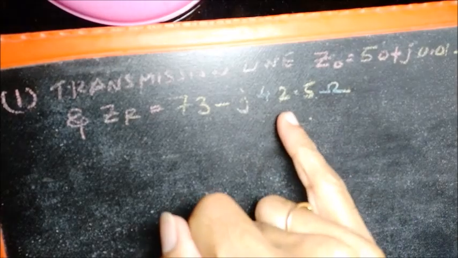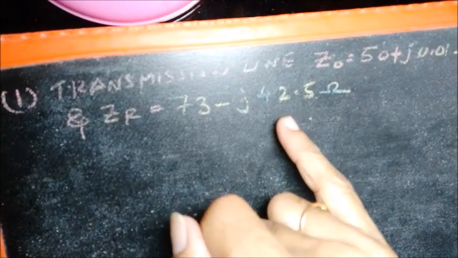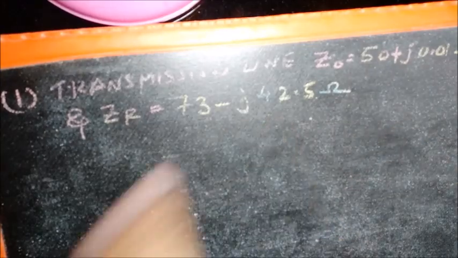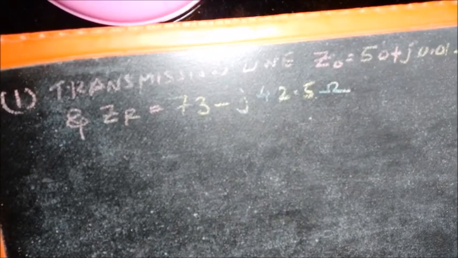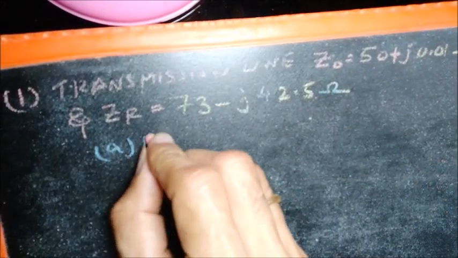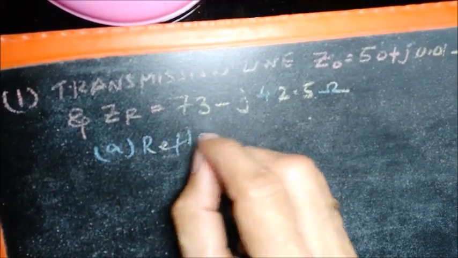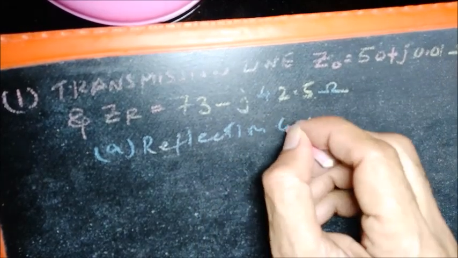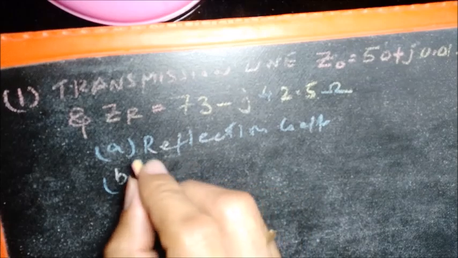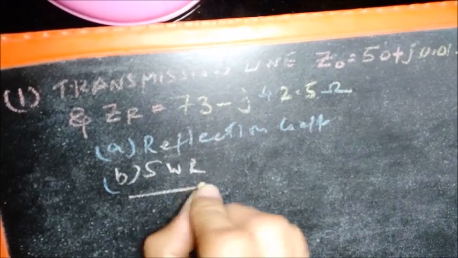Capacitive reactance is there, whereas here it is inductive. This is capacitive. This is a very simple problem. We have to find out the reflection coefficient, and we have to find out the standing wave ratio.